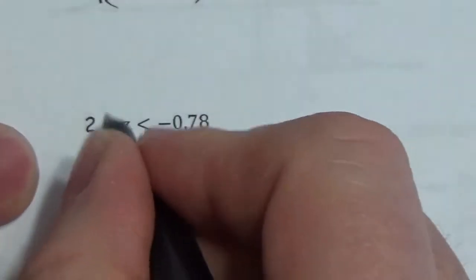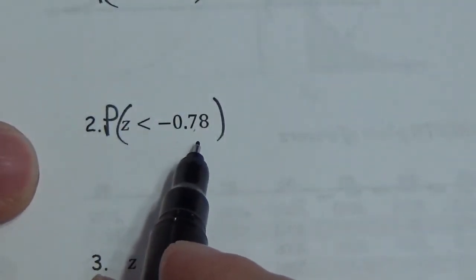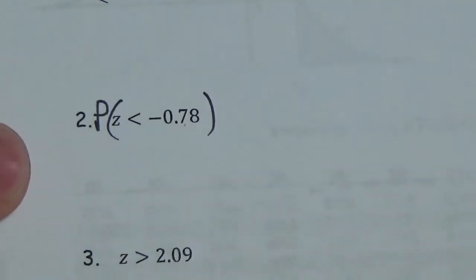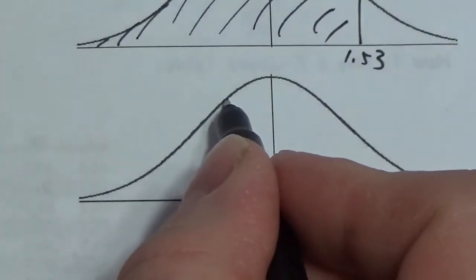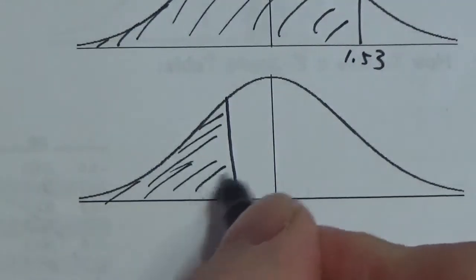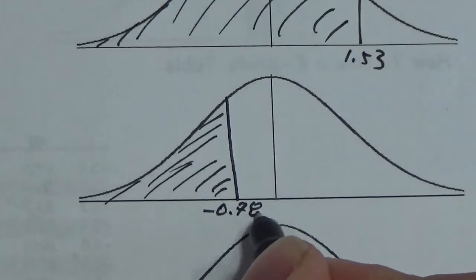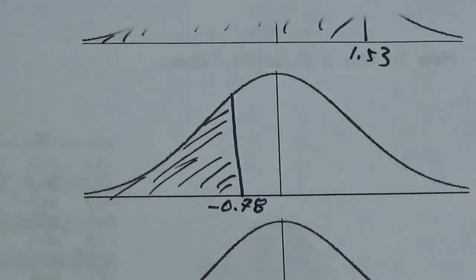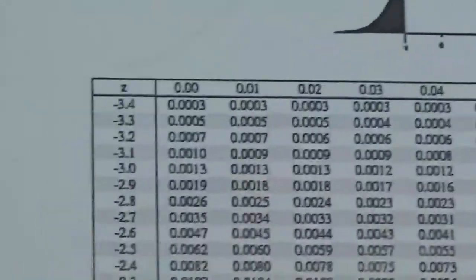The next one, what is the probability that z is less than negative 0.78? Okay, a z-score of negative 0.78, if you look at your graph, it's not quite a full standard deviation to the left, so somewhere here, I'm looking for this probability, or this area right here, negative 0.78. This time I'm looking at this side of the chart.